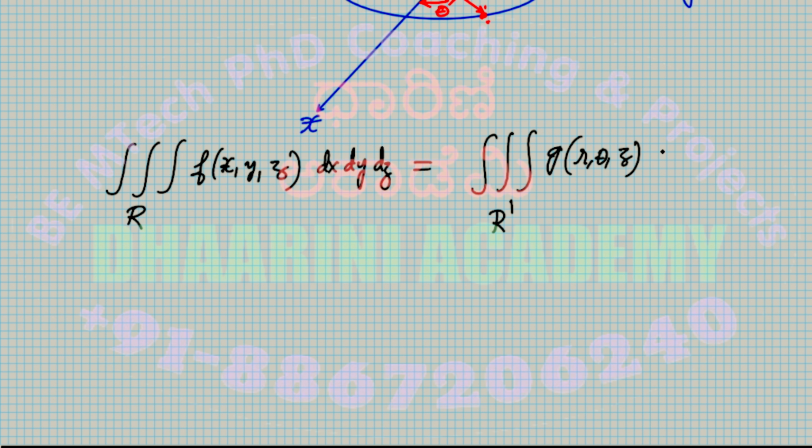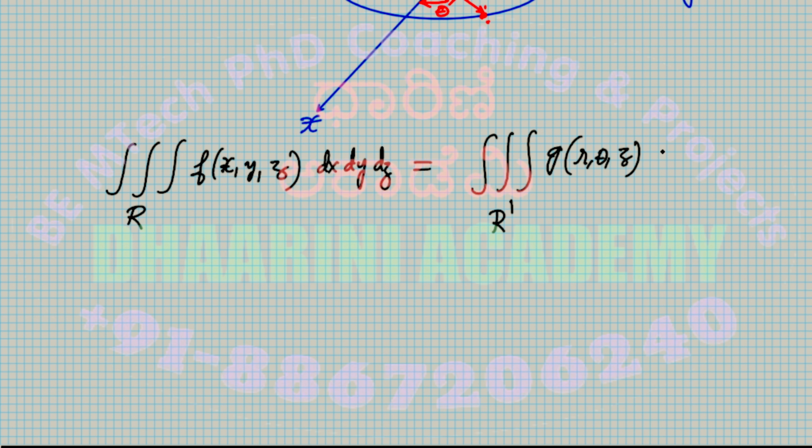Let's try to write the similar one here. This is for the cylindrical coordinate system. The same x and y axes I'm drawing now. This is the x and this is the y. But x and y will not come into the picture here.